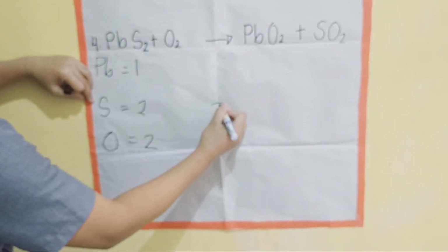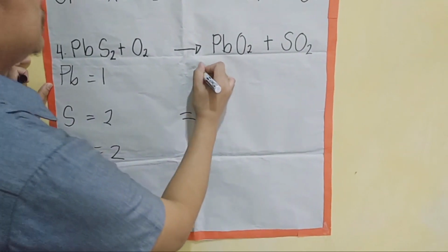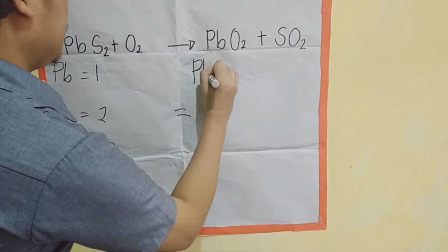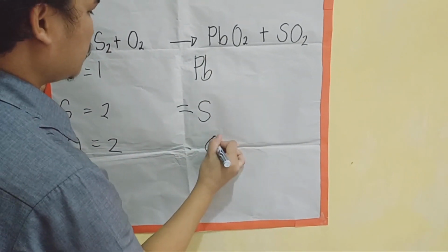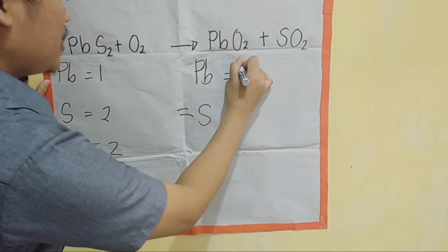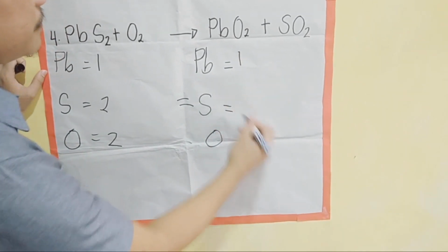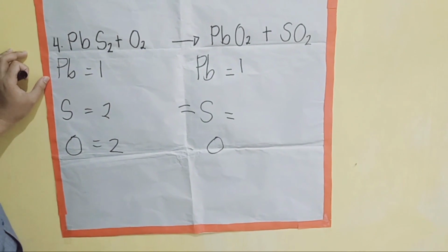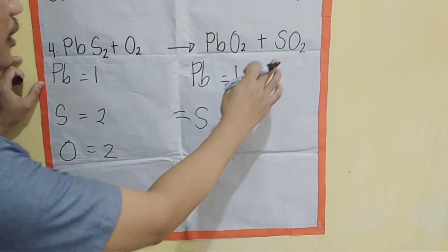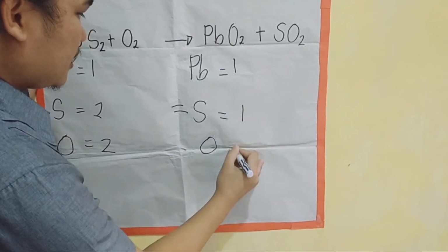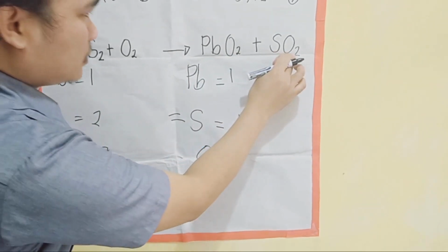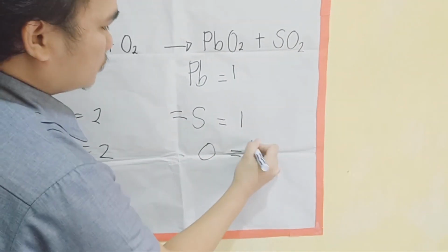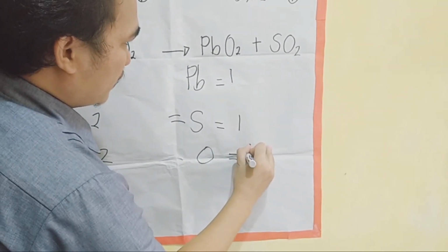Oxygen, we have 2. Okay, go to the right side. Lead, sulfur, oxygen. So we have 1 atom of lead, and then for sulfur, 1, and then oxygen is 4, 2 plus 2, 4.